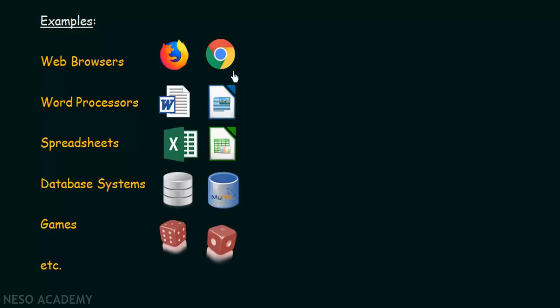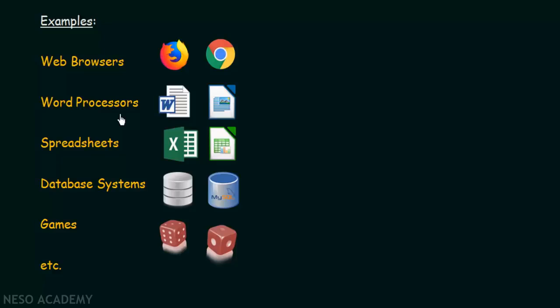In the same way, there are word processors. Depending on the kind of operating system that you use and the office tools installed in your system, you may have word processors for processing your Word documents.